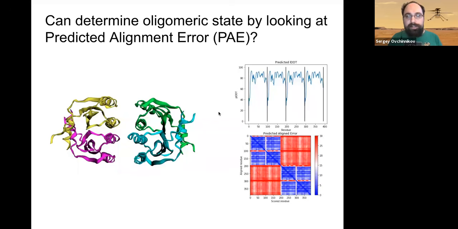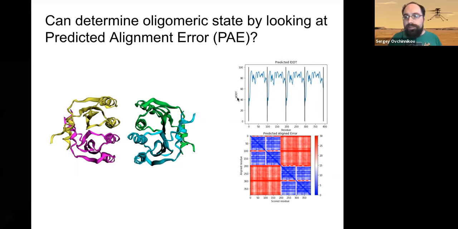And the other thing that's interesting is that if you give more copies than there actually are, for example, this is a protein that's a homodimer, but if I give it 4 copies, it puts these together, but then it doesn't try to predict that these two interact. So this is where I'm going to quite quickly introduce an interesting metric. One thing that both RosettaFold and AlphaFold provide is a confidence metric.